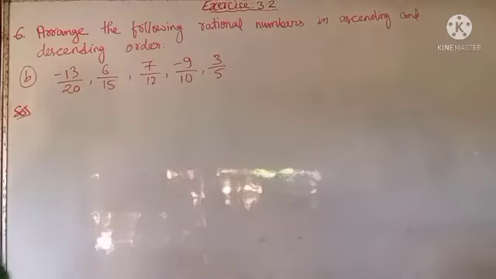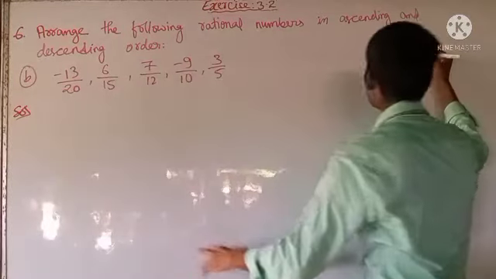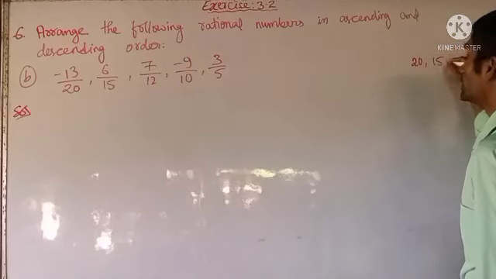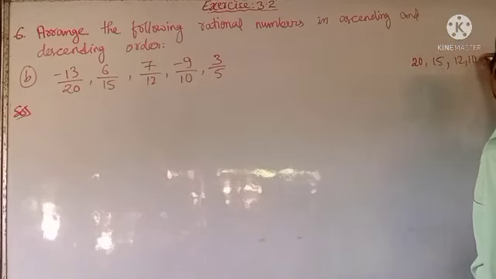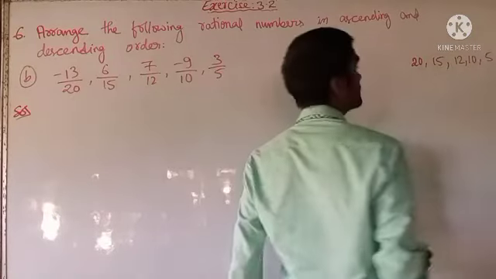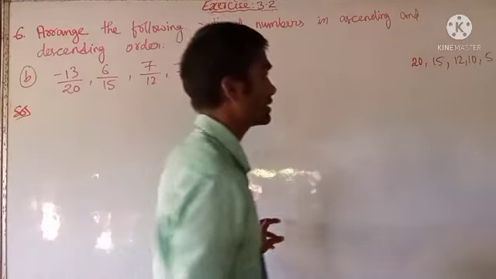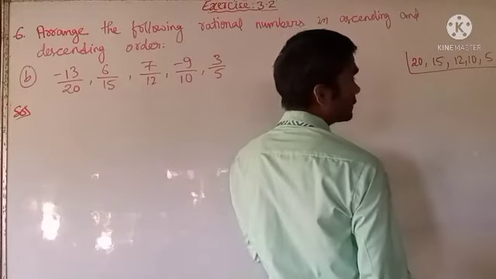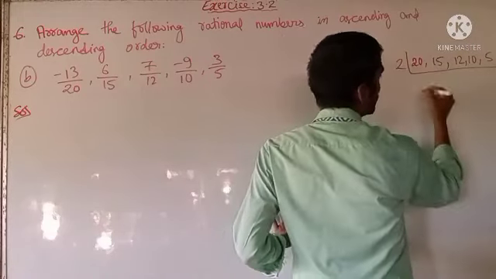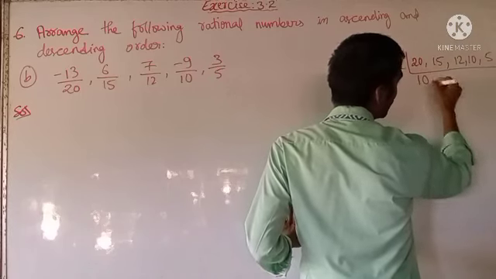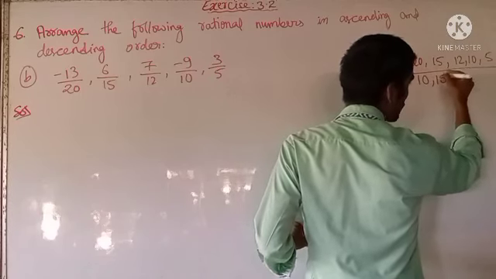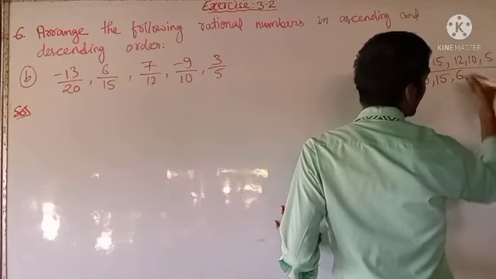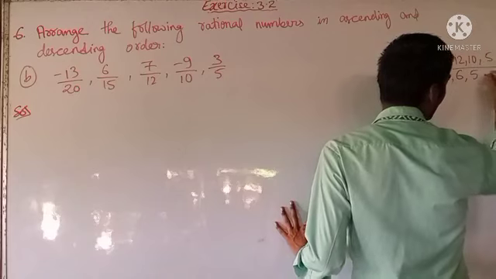By finding their LCM. We will find the LCM of the denominators, that is 20, 15, 12, 10 and 5. First we will start with 2. 2 10s are 20. 15 is not divisible, so we will write 15 as it is. 2 6s are 12. 2 5s are 10.